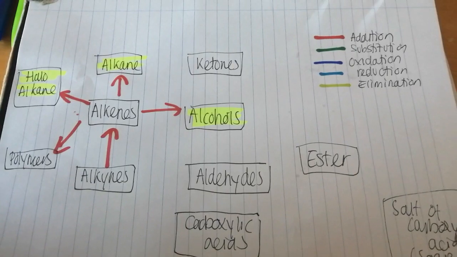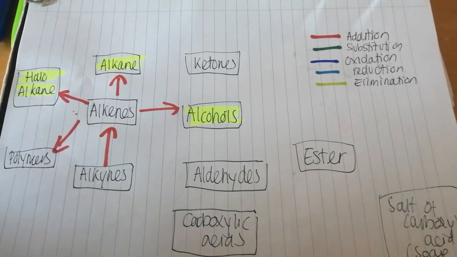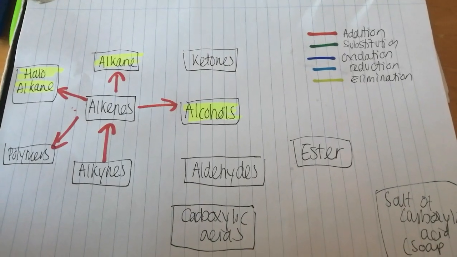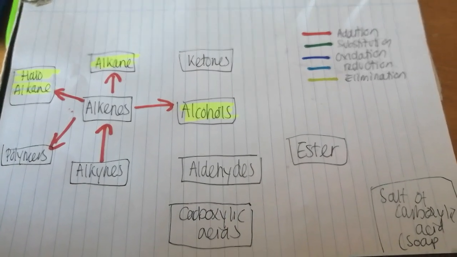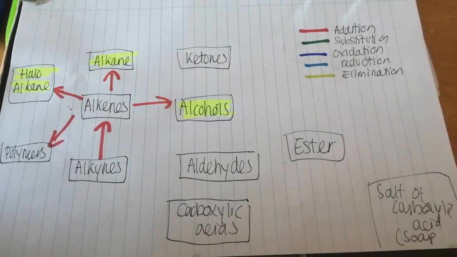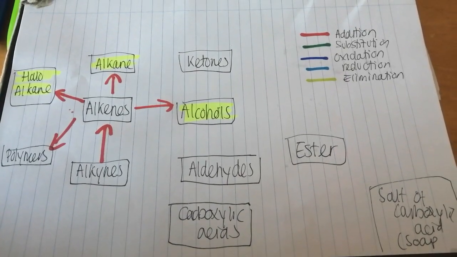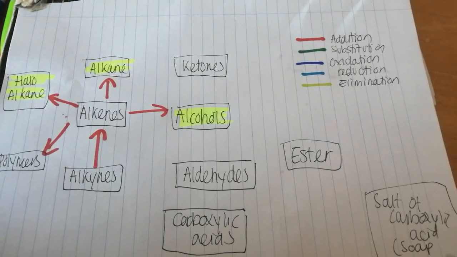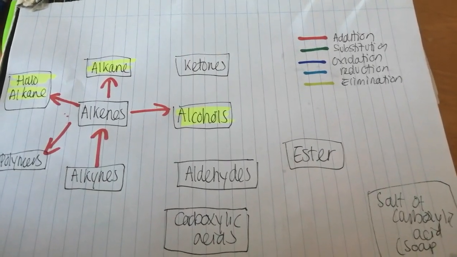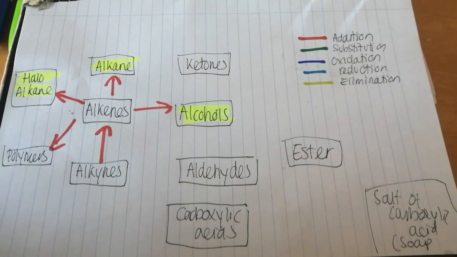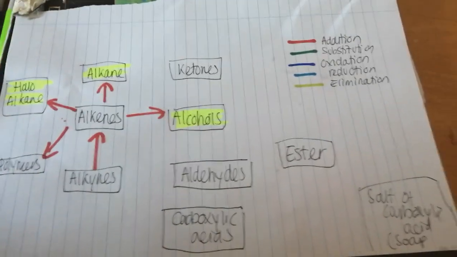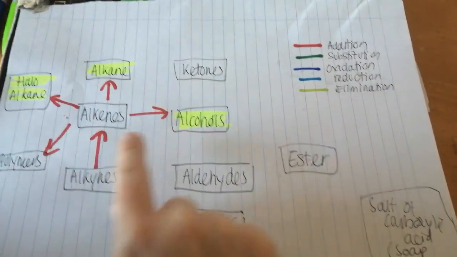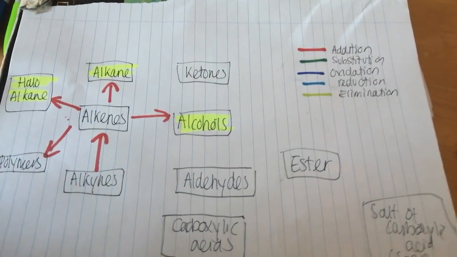If you have a look here, that's alkenes with the double bond changing to alkanes, single bond, haloalkanes, single bond, polymers, lots of single bonds all added together. You've got the alkynes, that's your triple bond changing to alkenes, double bond. And then you've got this one, alkenes changing to alcohols. That is breaking the double bond and adding water across it to make alcohol here. So all of those are addition reactions.